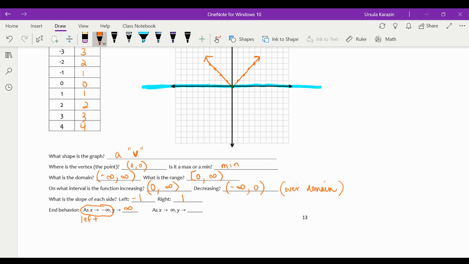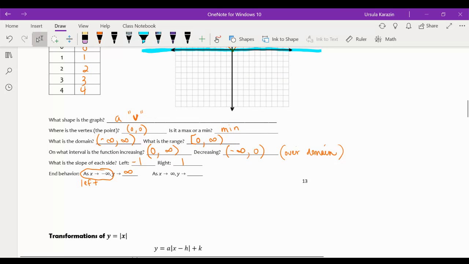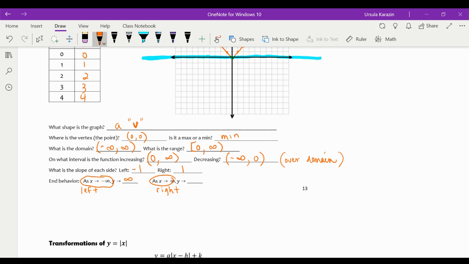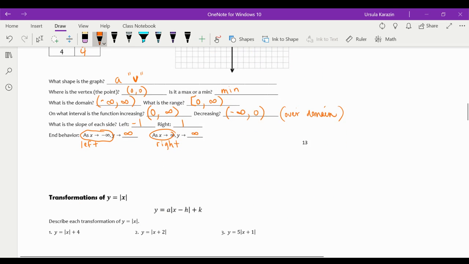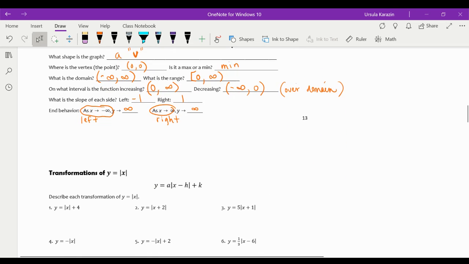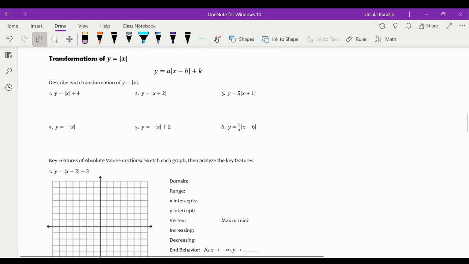So it's going to infinity. And then the next one, as x approaches infinity on the right, so as x goes to positive infinity, which is as far to the right as we can go, y, again, goes to infinity. Okay? So I do want you to go back and copy this into your notes so that you can see it and you can write it.